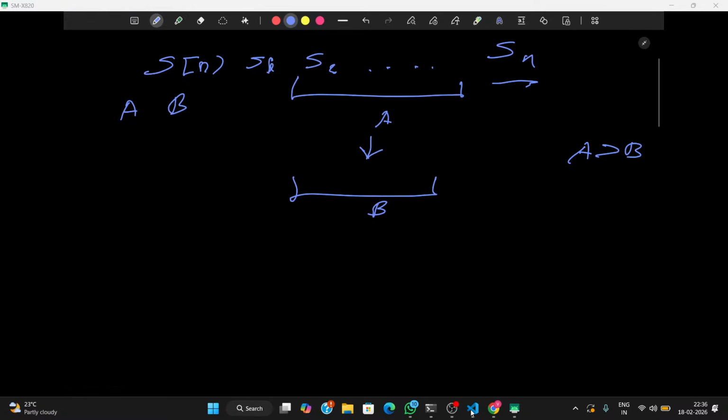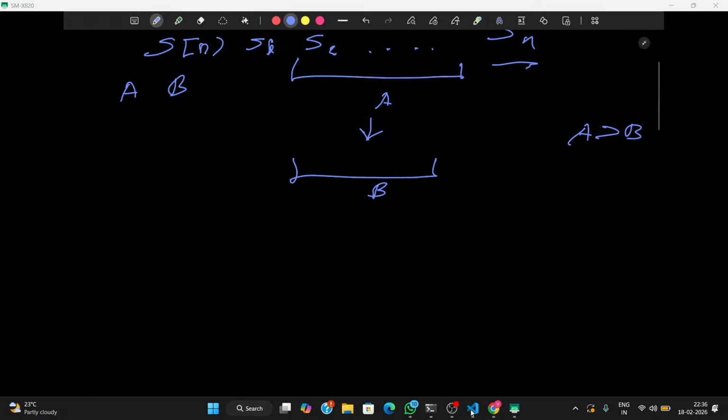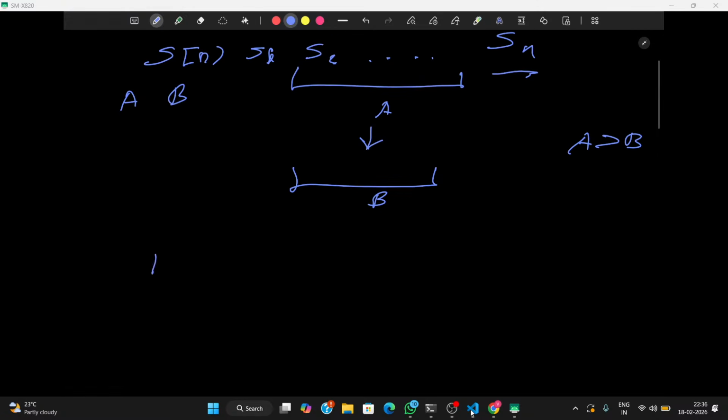Since it doesn't matter what the string is, we can simply say that we have a number n, and in one operation we decrease a from it and add b to it, so n becomes n minus a plus b. To do this operation, n must be greater than or equal to a.